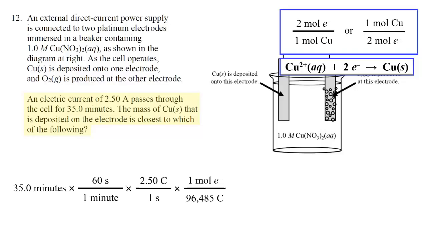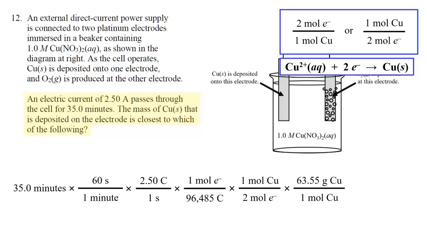So it's going to be 1 mole of copper for every 2 moles of electrons. The last thing would be to get to grams. So looking on the periodic table, the molar mass of copper is equal to 63.55. So we've gone from minutes to seconds, from seconds to coulombs, from coulombs to moles of electrons, and then from moles of electrons to moles of copper, and then finally from moles to grams.